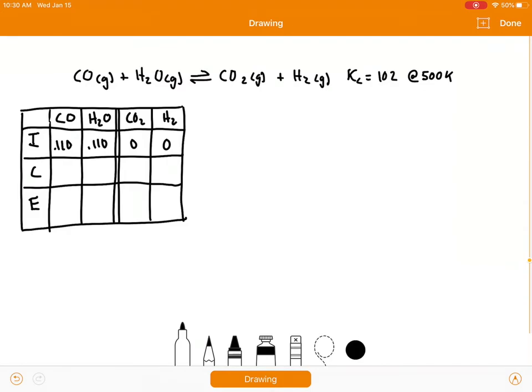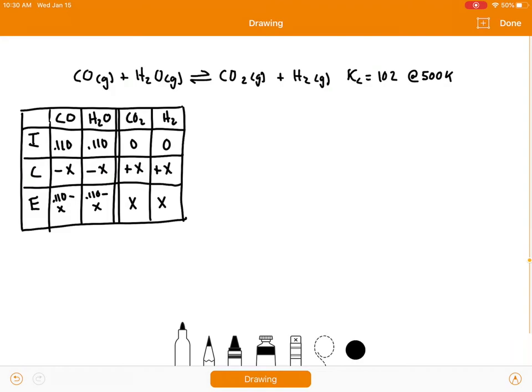So, since all of the coefficients are 1 in the problem, all you have to do is, the reactants will lose X, the products will gain X. So you're going to end up with X at equilibrium for the products and 0.110 minus X at equilibrium for the reactants.